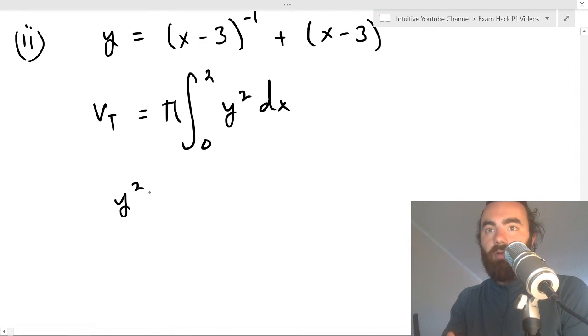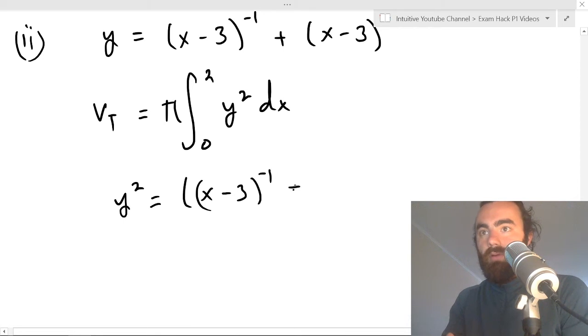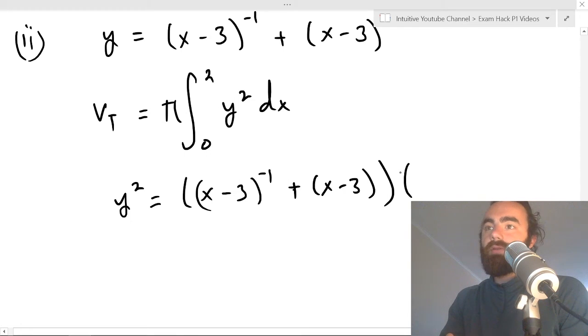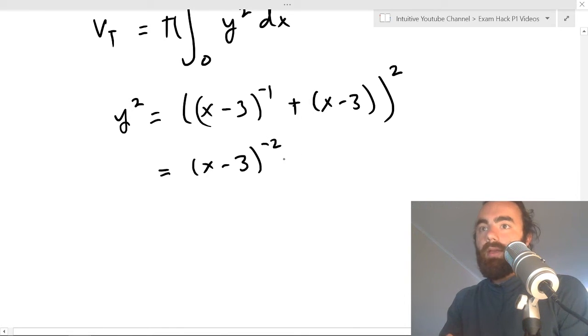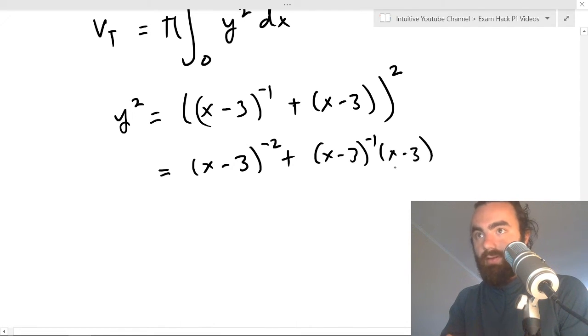So let's find our y squared. It's just simply x minus 3 to the negative 1 plus x minus 3, squared. So that gives us an x minus 3 to the negative 2. And you'll get a plus, well, we can write this out. x minus 3 to the negative 1 times x minus 3, you get 2 of those.